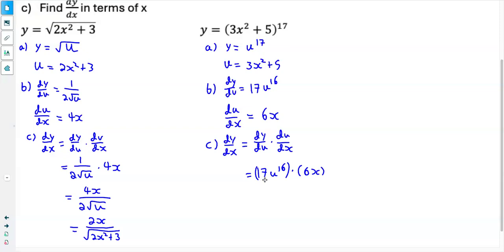Now we can multiply this 17 by the 6x, which gives us 102x, and then we've got times u to the power of 16. So that would be 102x times our u, which we said was 3x squared plus 5, to the power of 16.